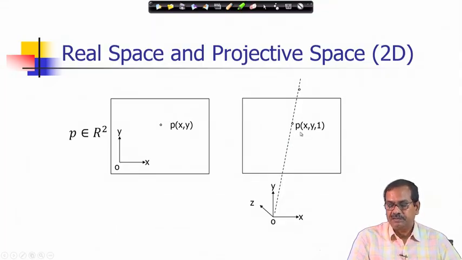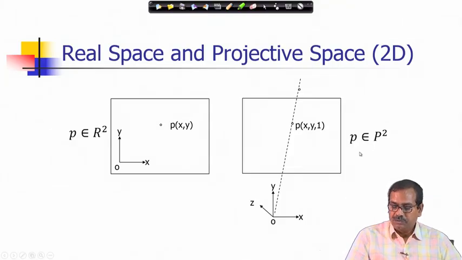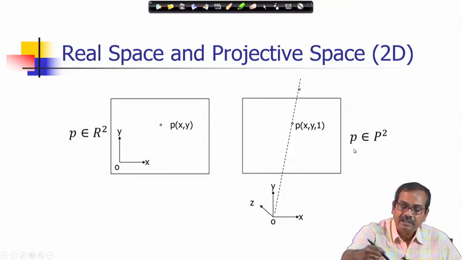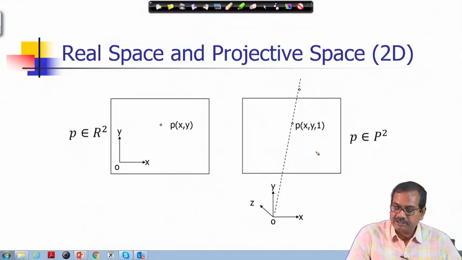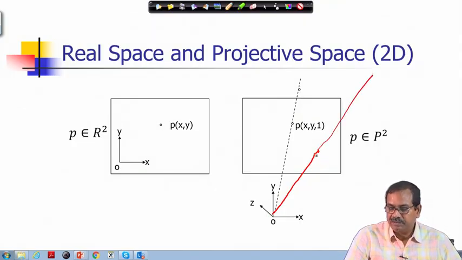So, this is what a point in a projective space is, and we call this space a two-dimensional projective space. Note that if I take any other point in this space and draw a line passing through the origin, extending this ray, the whole line itself is represented by the point in this plane.